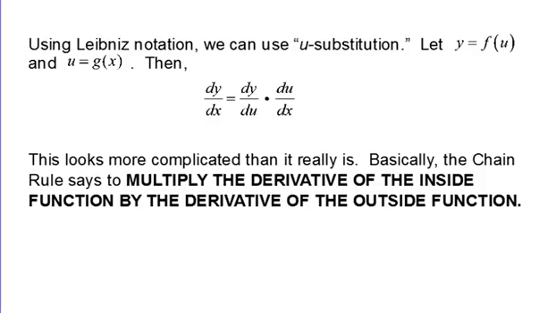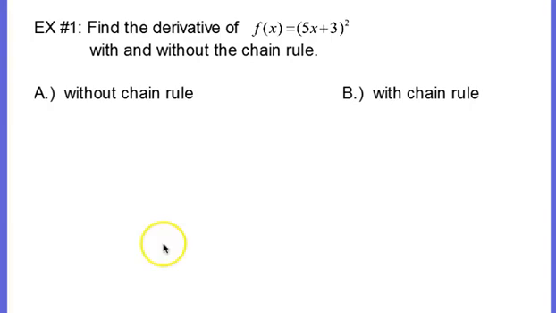Here we're going to be taking the derivative of f of x equals 5x plus 3 quantity squared. Now, in the past, we've done derivatives like this. In fact, we can do this without the chain rule. Let's take a look.